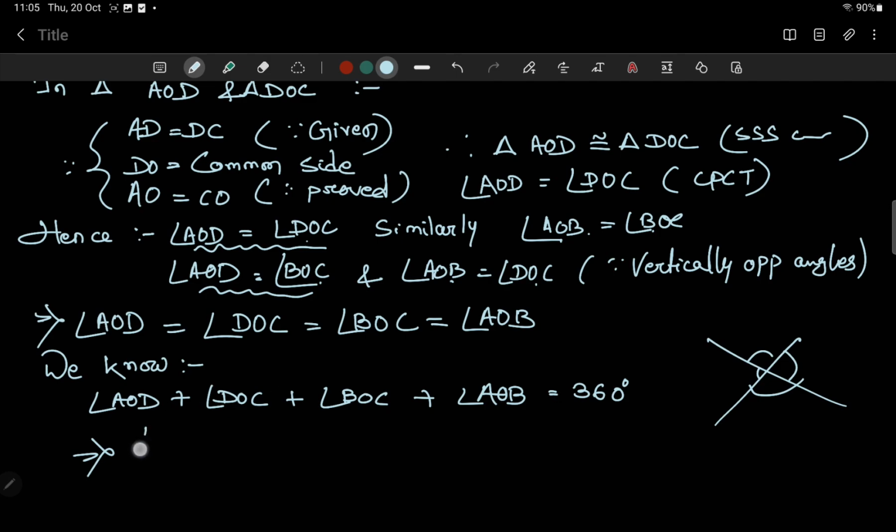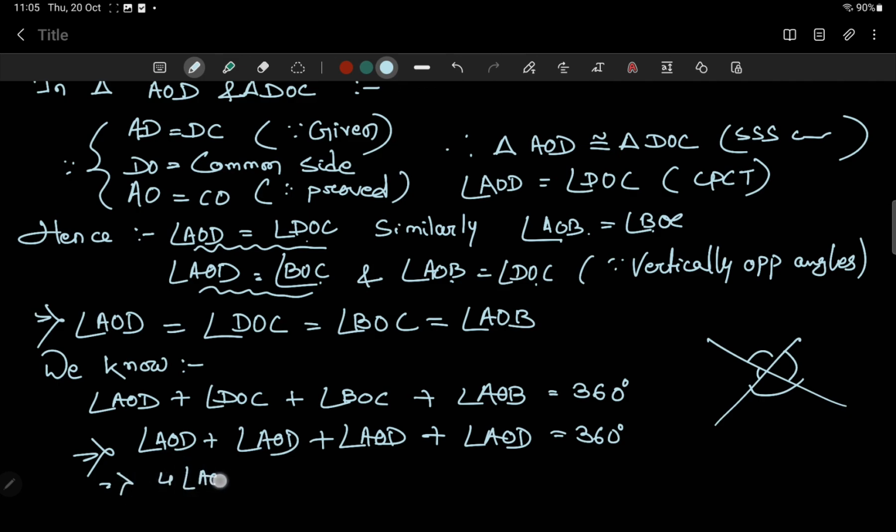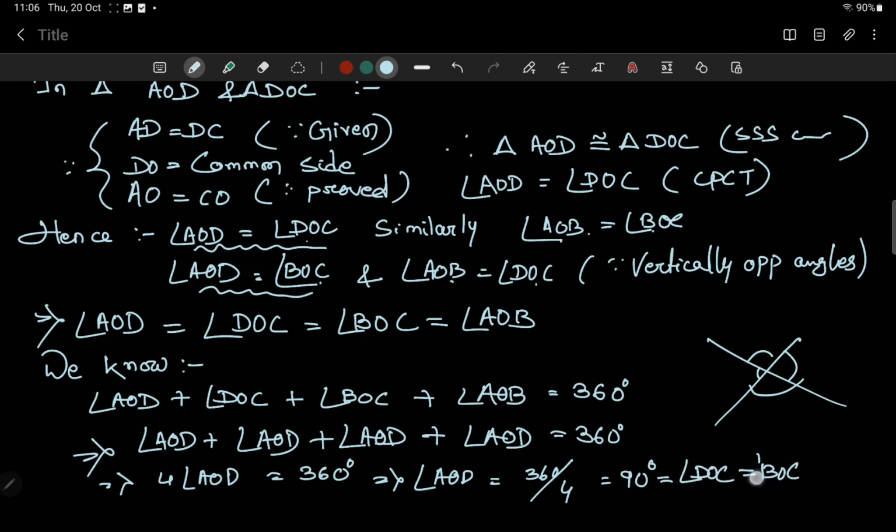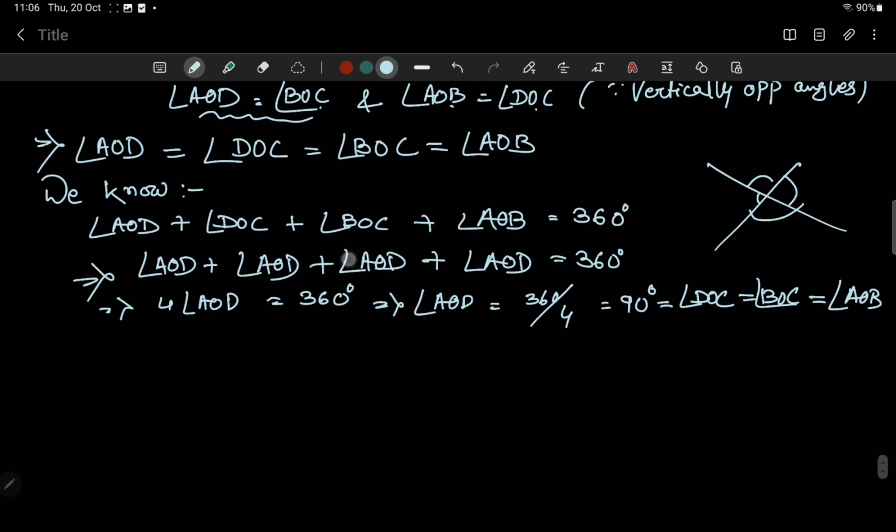If I take all the angles as AOD, I can write AOD plus AOD plus AOD plus AOD equals 360 degrees, which implies 4 AOD equals 360 degrees, so AOD equals 360 by 4, which is 90 degrees, which equals DOC, BOC and AOB also. So all three parts we proved.